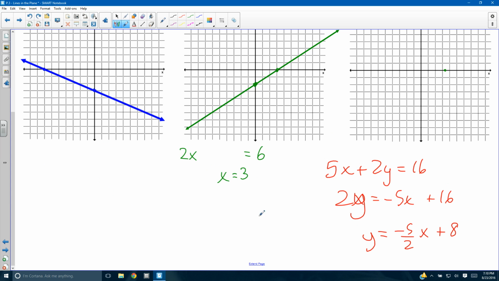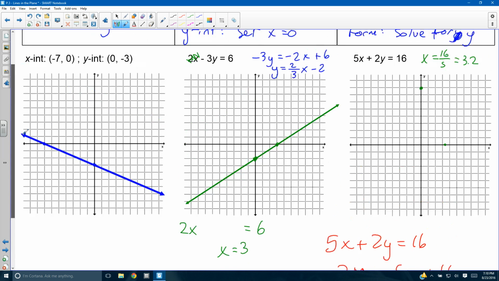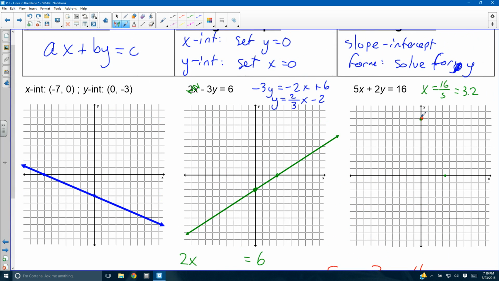And notice I left this as a fraction, not as a decimal. Yeah, that's -2.5. But we like fractions in our slopes. Down 5 over 2, right? So starting at 0, 8, which we already have that point, we go down 5 over 2, down 5 over 2, etc. So that worked out. It's pretty good.